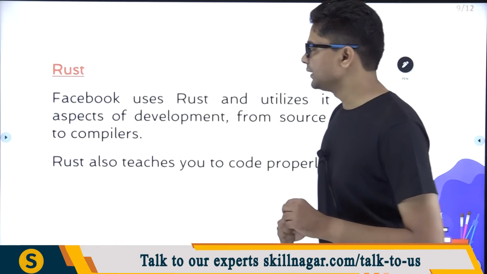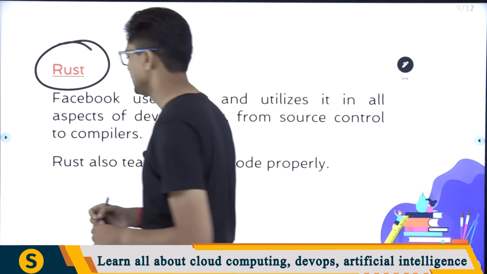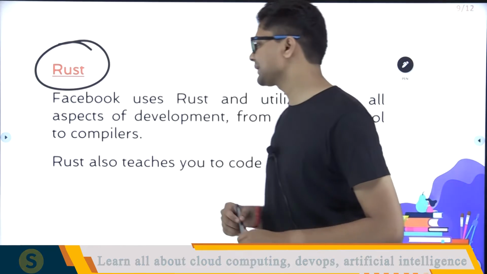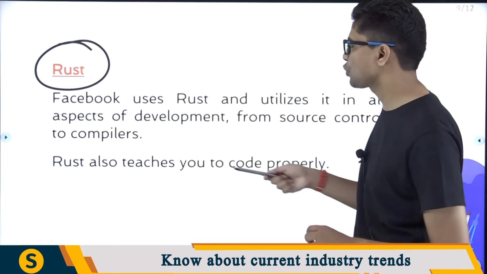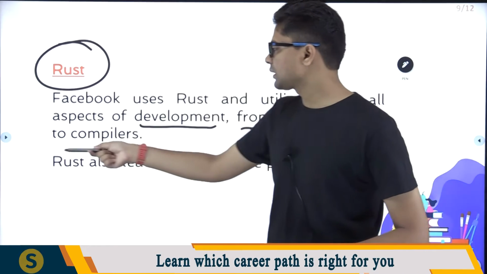Now if we move forward, the next language is Rust. Rust is a relatively new language which Facebook is using. It utilizes all aspects of development, from source control to compilers.